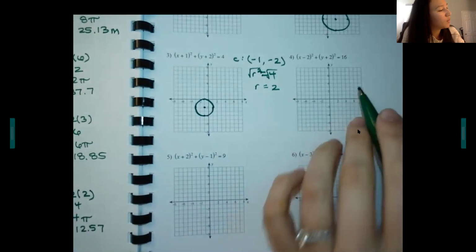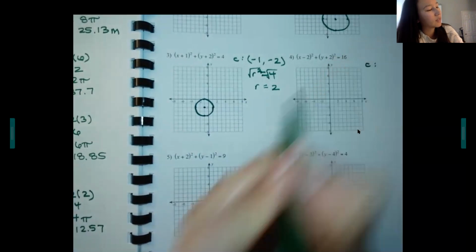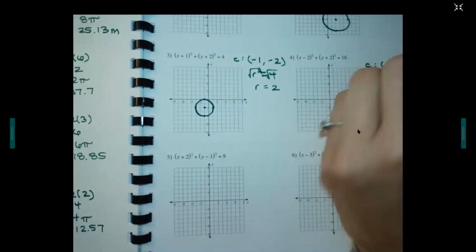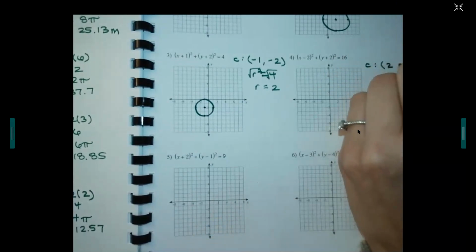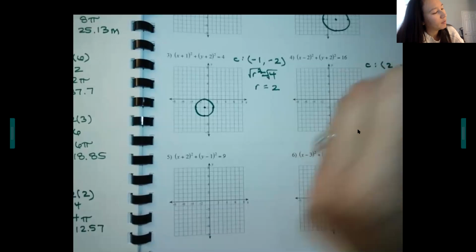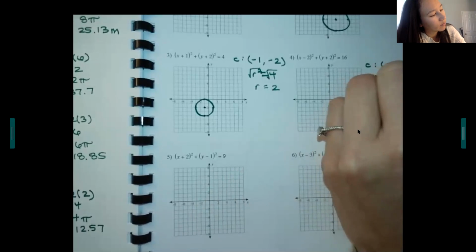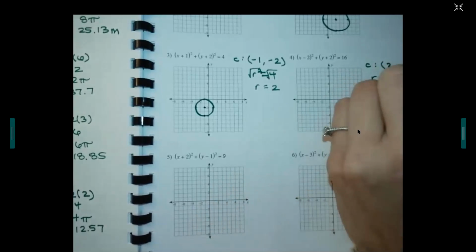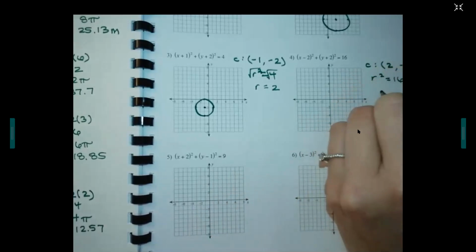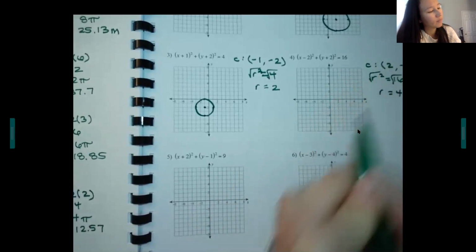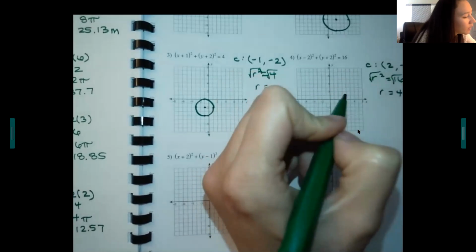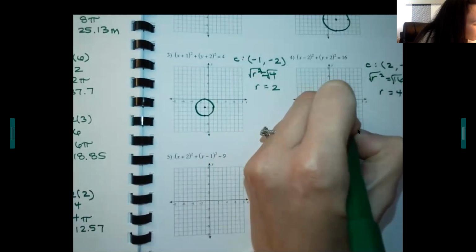Thank you, Jaden. And then what about number 4? What did you get for the center? All right. So for number 4, I got +2 and then -2. Very good. And then for radius squared, I got 16. And then for the radius, I got 4. Yep. Very good. So then we graph our center at 2, -2.